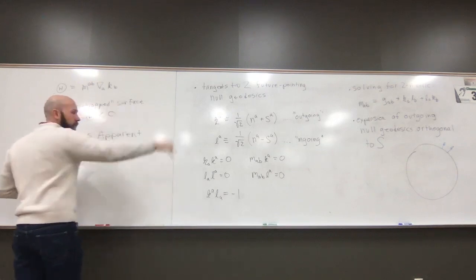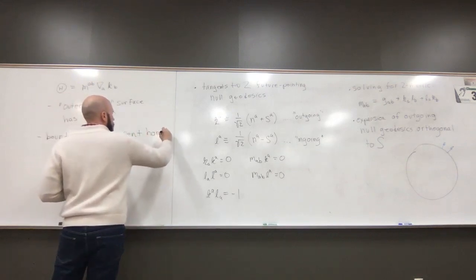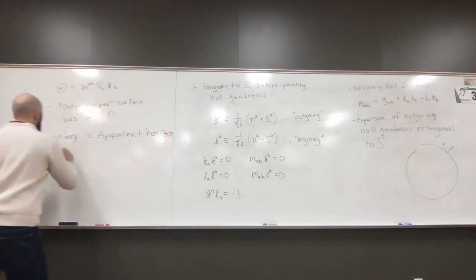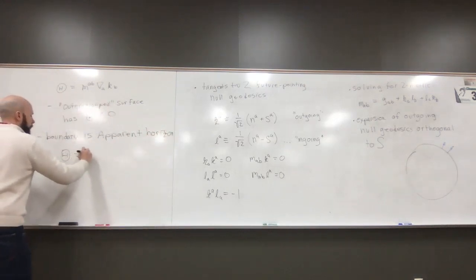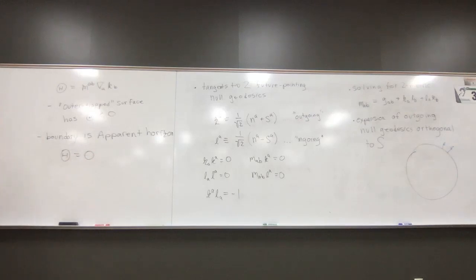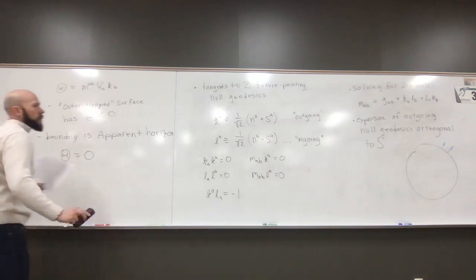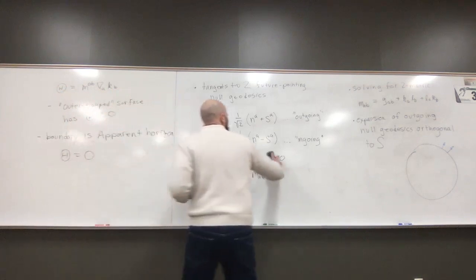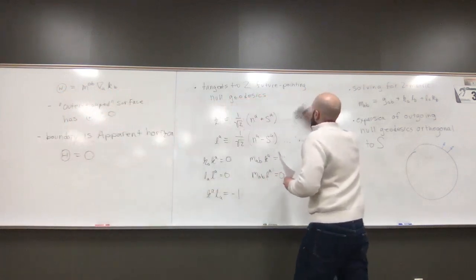And in this formalism, this is now something we can solve for because that's where capital theta equals 0. So where is the expansion of null geodesics originating from the surface 0? They stay together. They don't diverge or converge. That's the event horizon below. And this, actually, it's the apparent horizon. In some spacetimes, it's the same thing, but not here. So we can use this then to solve for apparent horizons.